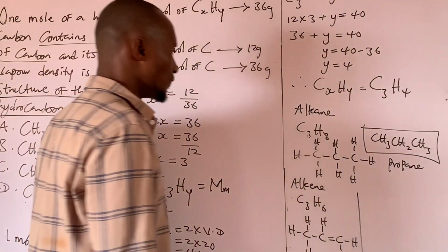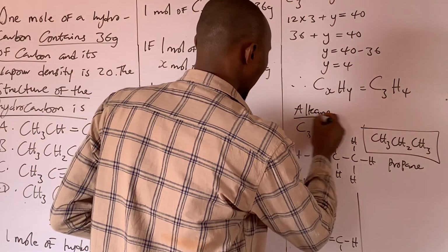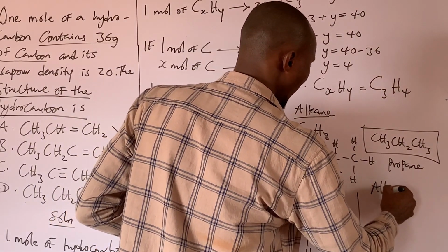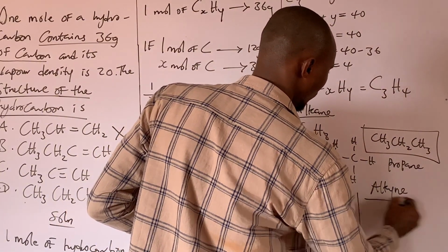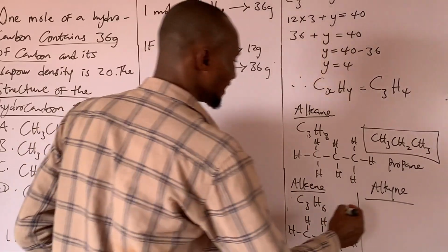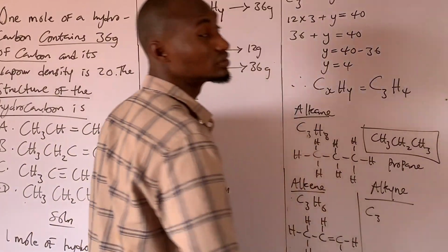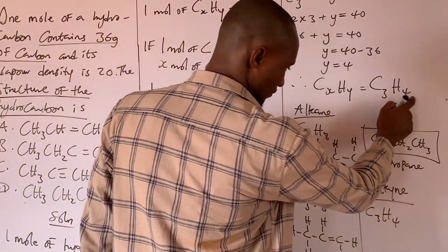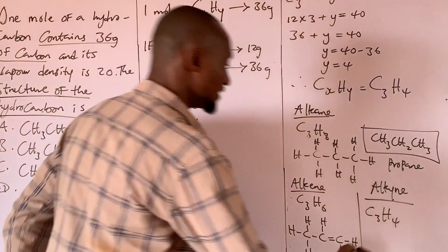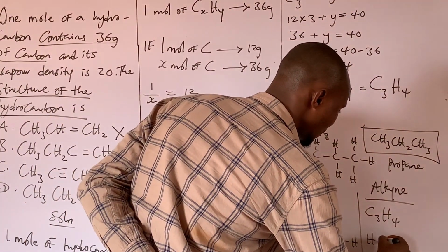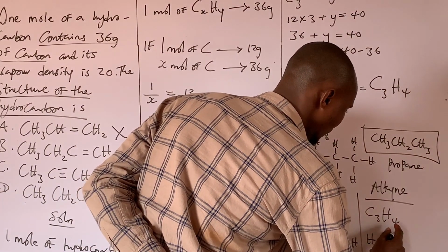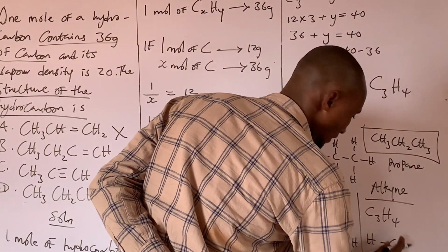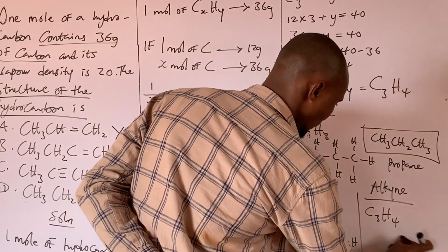Now, this is for alkane. Now for alkyne, we had alkyne to be C3 what? C3H4. And this is HC. Let me bring this down.